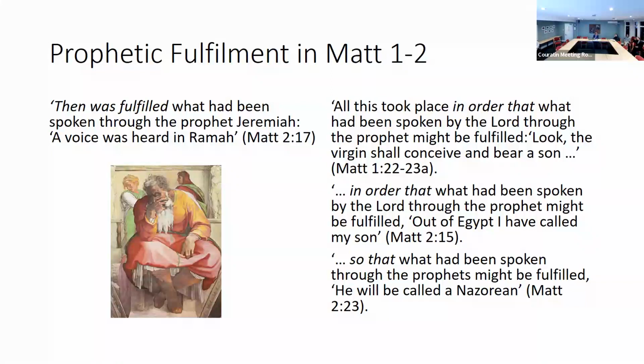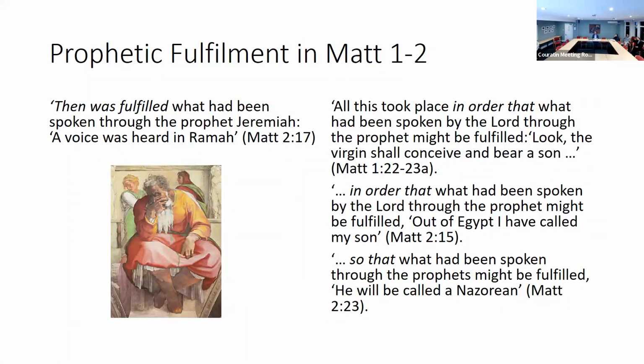"Then was fulfilled what had been spoken through the prophet Jeremiah. A voice was heard in Ramah." So there's a problem that Matthew may well recognize at the heart of this story.